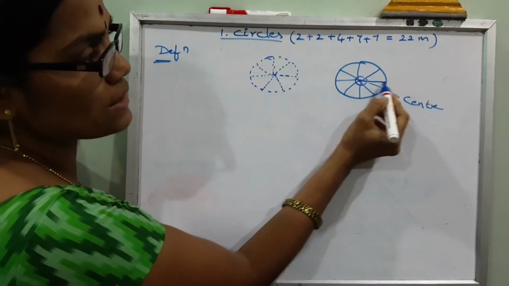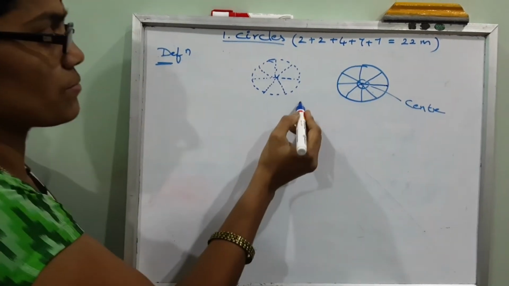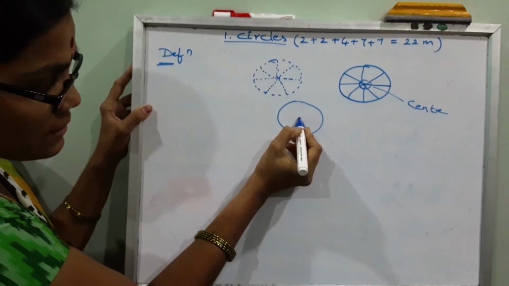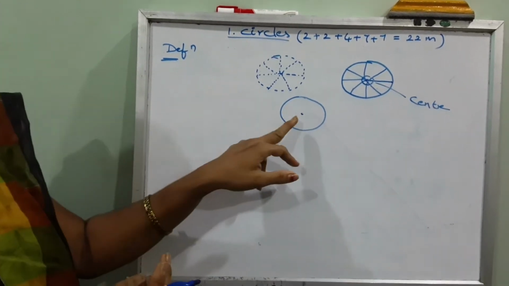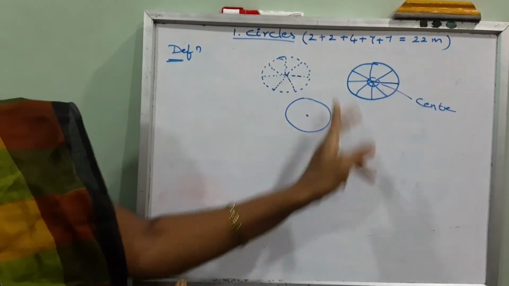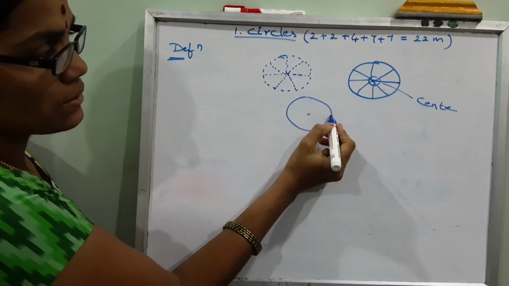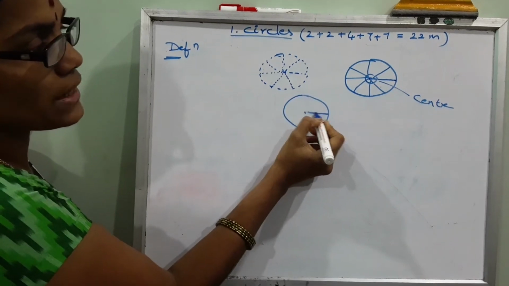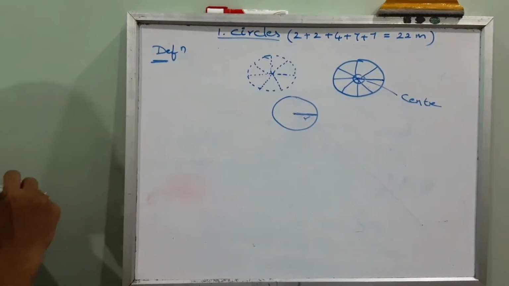Let us take a circle. Here the fixed point is here. The fixed point is called the center of the circle, and the distance from the fixed point to any point on the circle is called the radius of the circle.